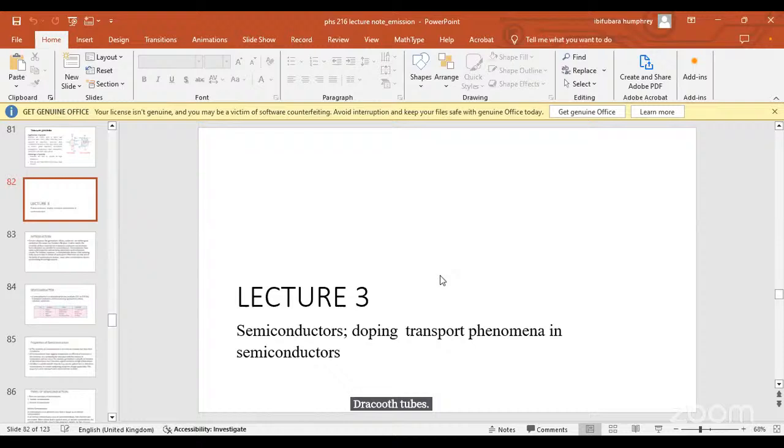So normally, materials are classified into three categories. We have the insulator, the conductor, and the semiconductor. Let's take three for now.